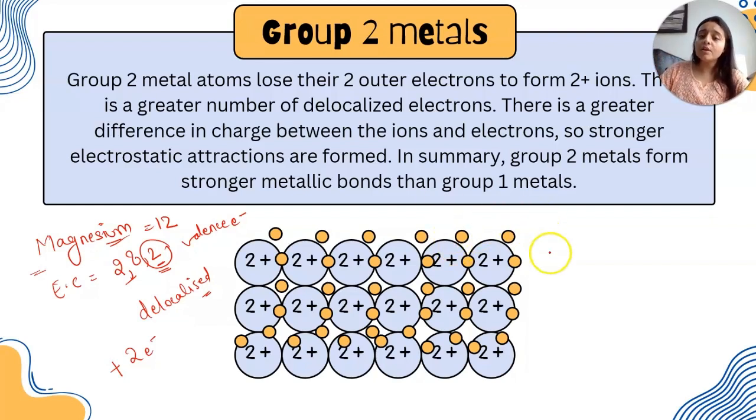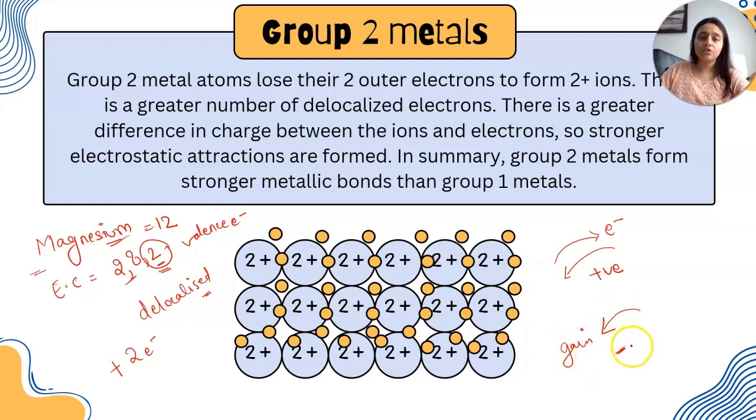Okay, so whenever a metal loses electrons, it gets a positive charge. And whenever an element gains electrons, it gets a minus charge.